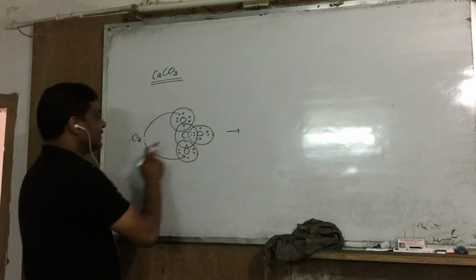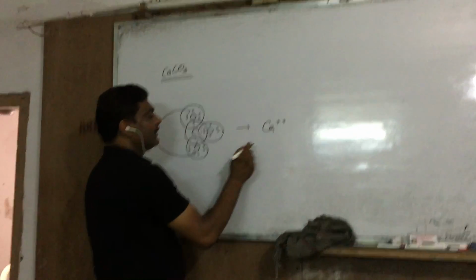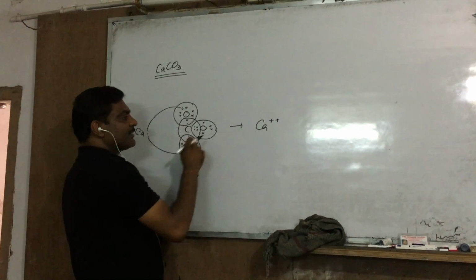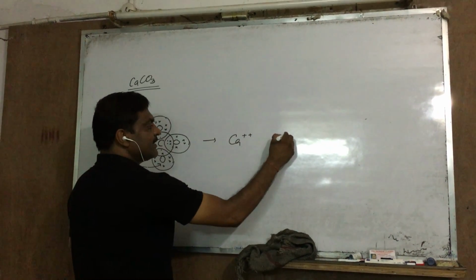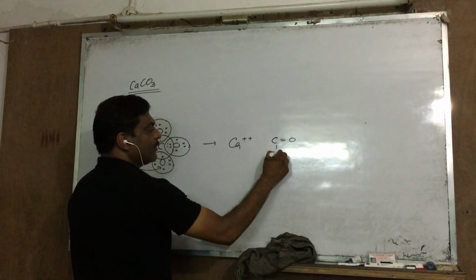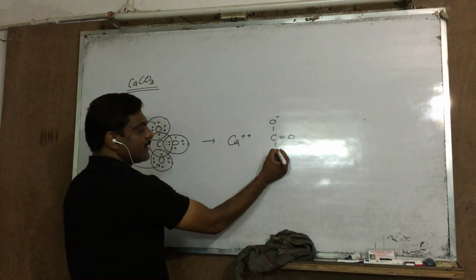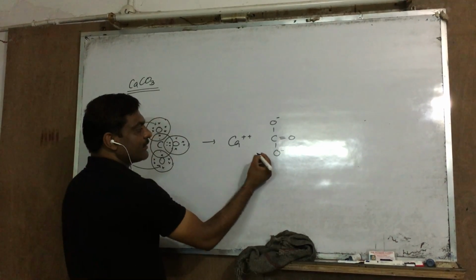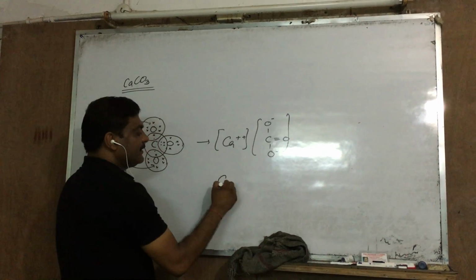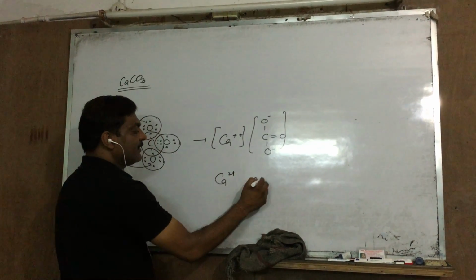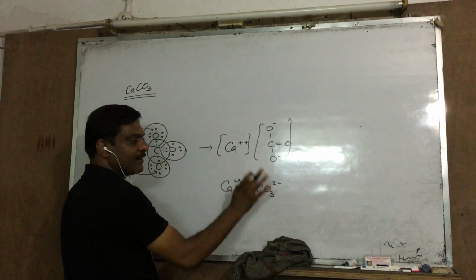By losing 2 electrons, calcium will form the Ca2+ ion, and by gaining these 2 electrons, the whole radical becomes like this: C double bond O, single bond O with 1 unit negative charge, single bond O with 1 unit negative charge. Or finally, you can say Ca2+ and CO3 2 minus: 1 minus and 1 minus is 2 minus negative charge.